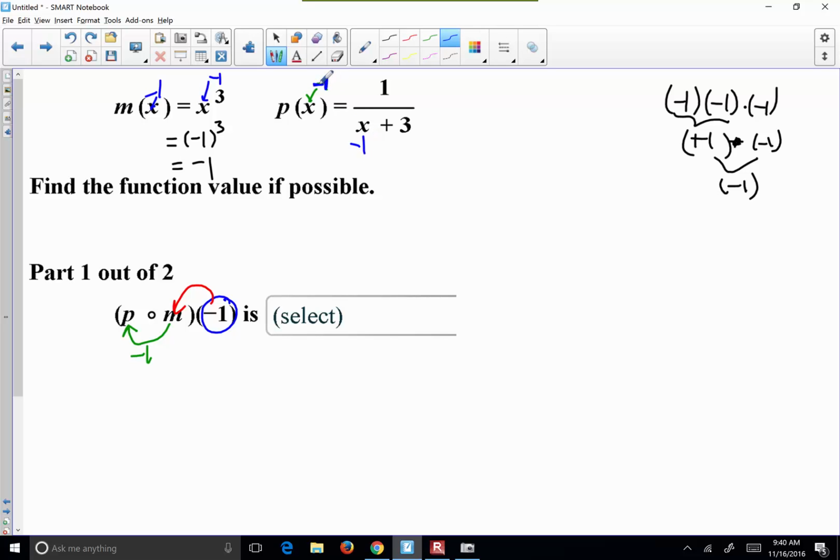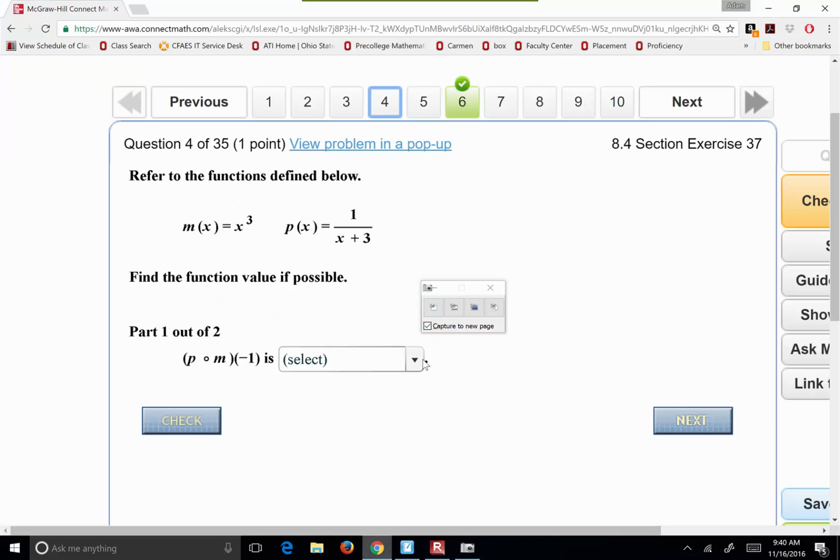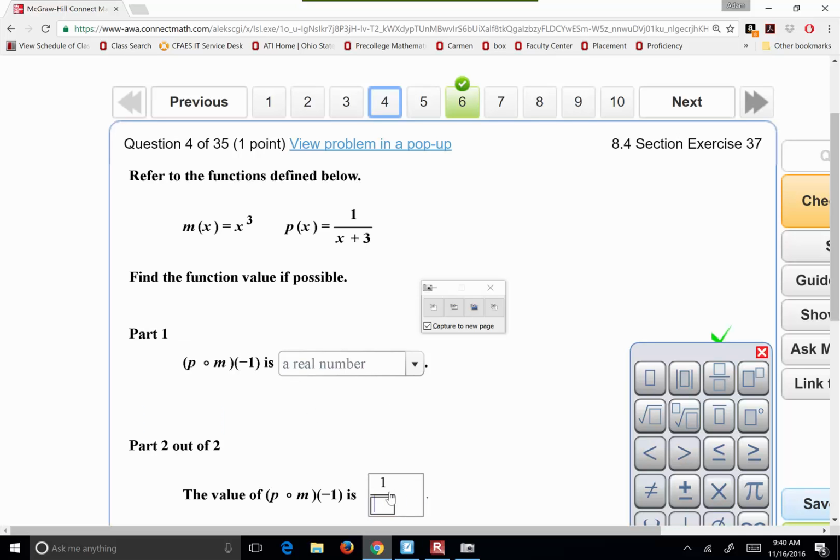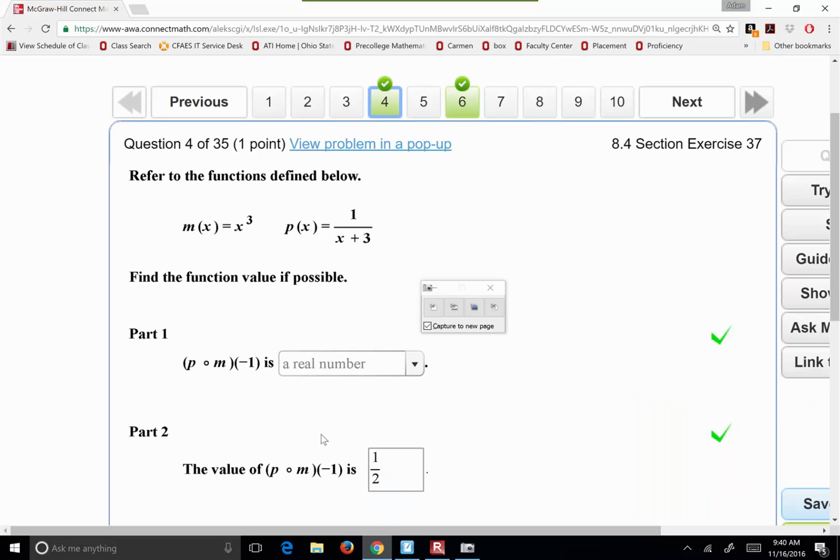I'm supplying -1 into this machine and see what you get. 1 over this, which is 1 over 2. Oh, we need to say first, yes, there is an answer, I think. A real number, yes. We found a real number, which is 1 over 2. Understood?